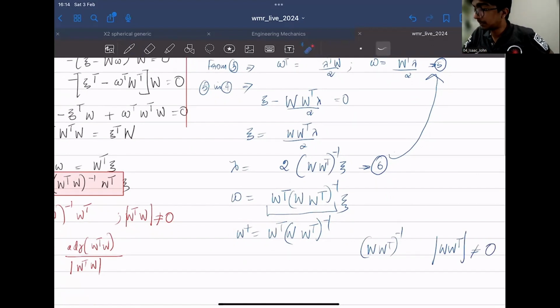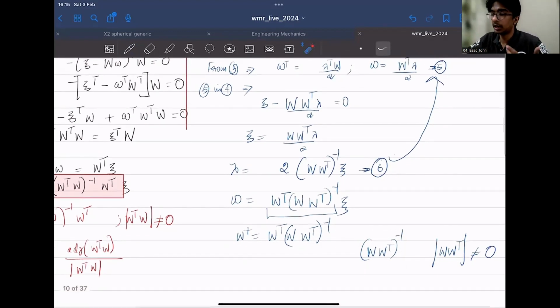Because this term is adjoint of W transpose by determinant of W transpose, if the determinant is 0, this term will not exist. So that is how you calculate the right pseudo inverse.